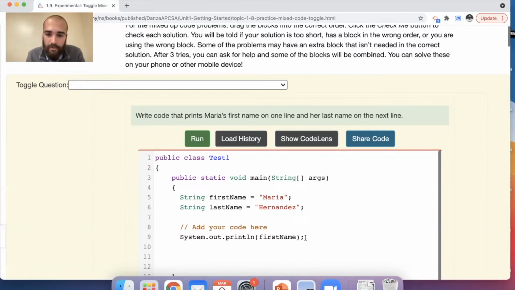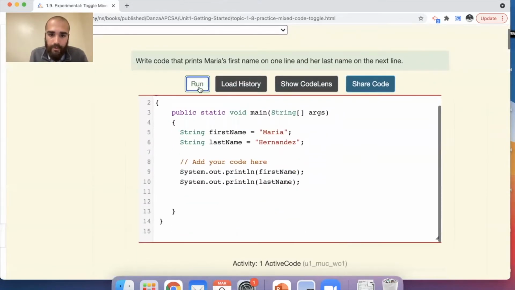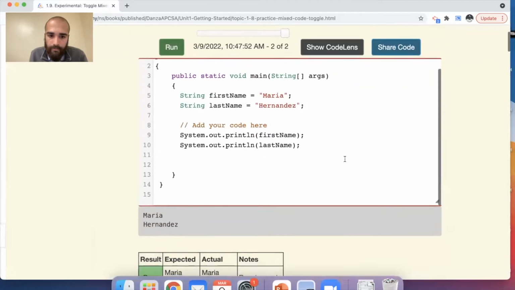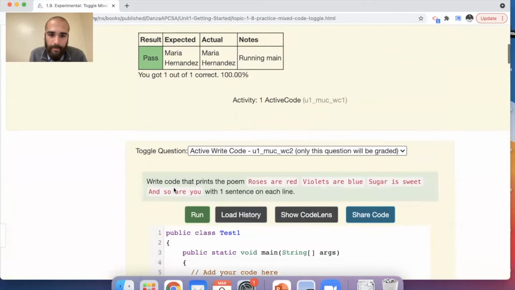And then the good thing about programming, copy, paste, and instead of first name, last name. Let's run it. Compiling my code. Got it right. Maria Hernandez.